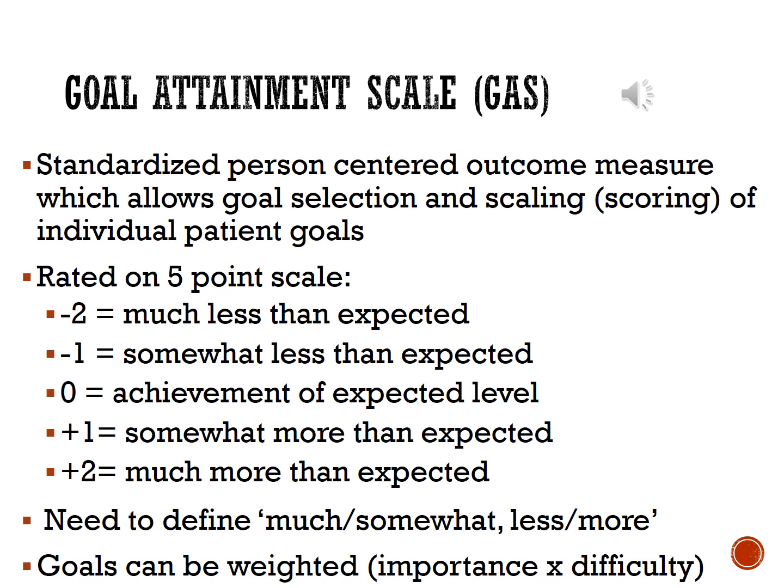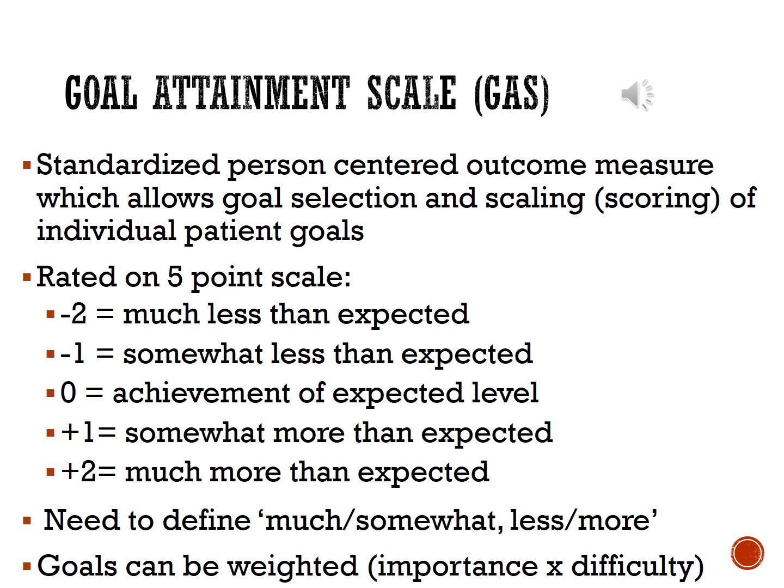In terms of the rating scale, it is a 5-point scale. It starts at 0, and then goes up in the positive direction or down in the negative direction. The 0 score is what you expect the patient to be able to achieve after intervention. That's the expected achievement level, and you set that at a 0.